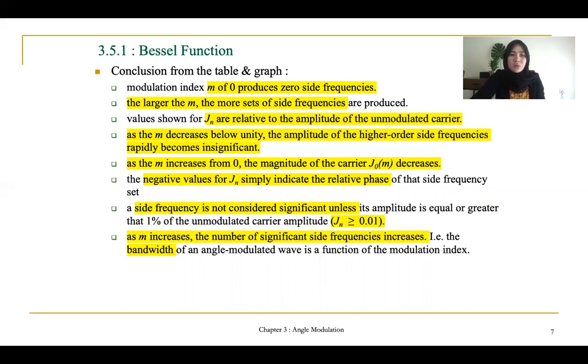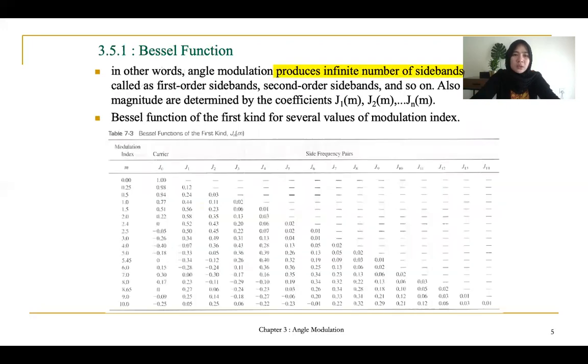So as the modulation index is below 1, the higher order sideband is insignificant, and that's why you don't have the higher order sideband.